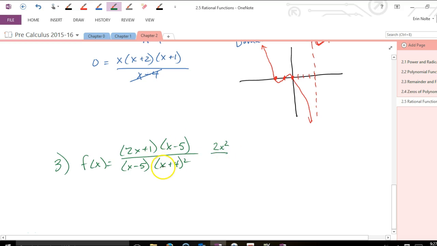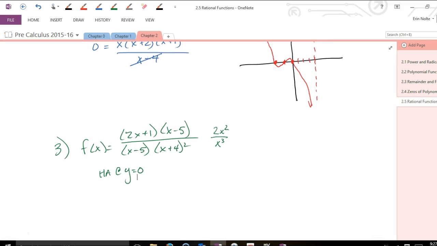And on the bottom, I would have an x squared plus another x, so that would be an x cubed. Is that bigger on top, same, or bigger on bottom? That's bigger on bottom. So that means we will have a horizontal asymptote at y equals 0.